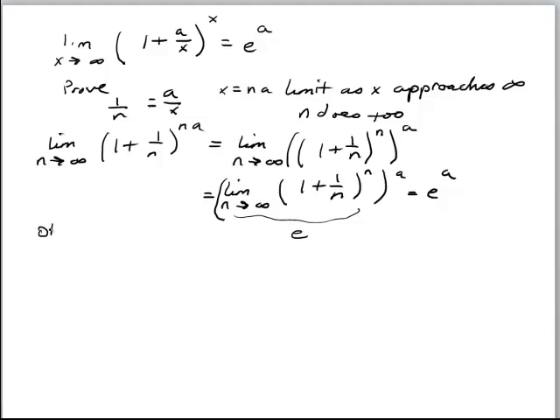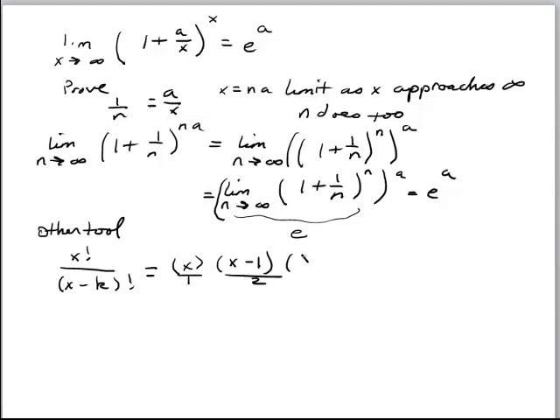There's another tool we need, and that is simply that x factorial over x minus k factorial is x over 1 times x minus 1 over 2 times x minus 2 over 3 times, up to x minus k plus 1 over the kth term.